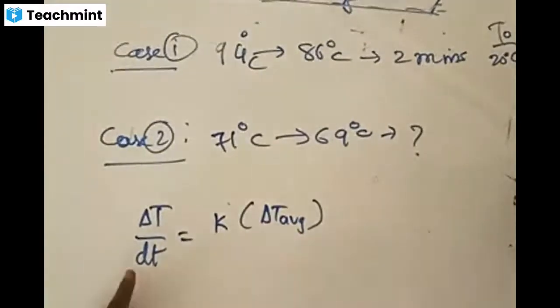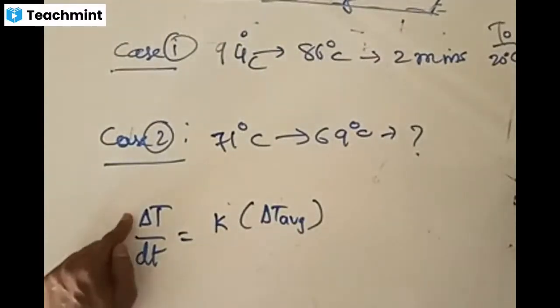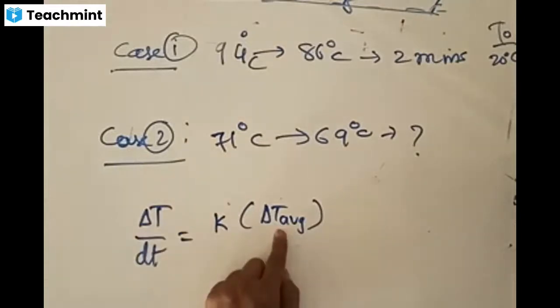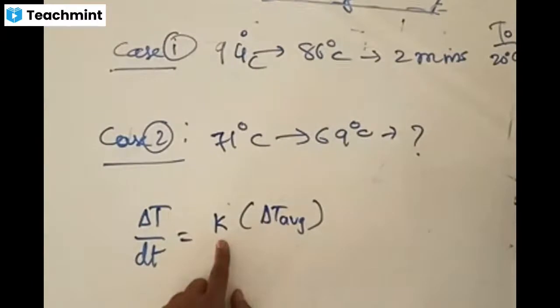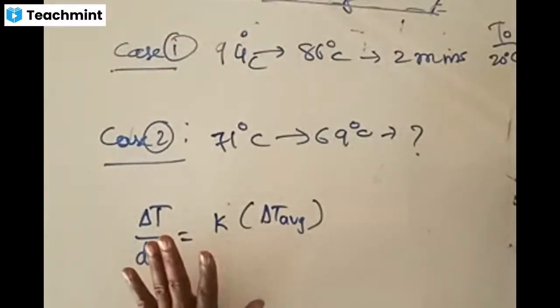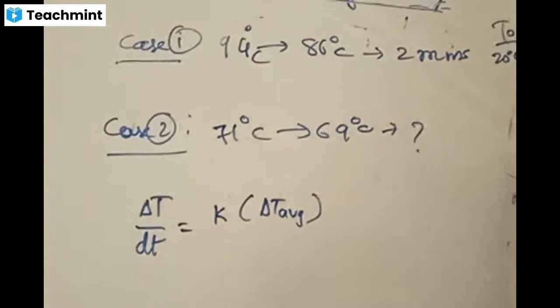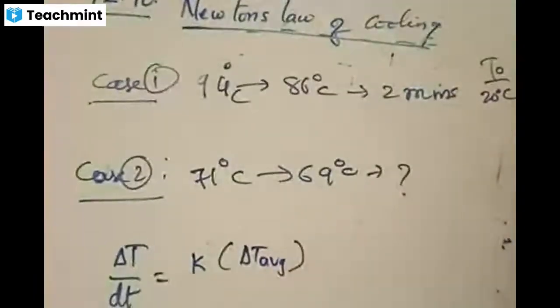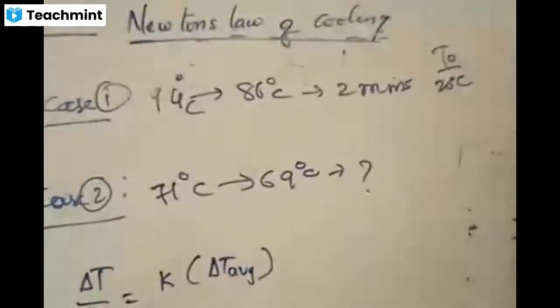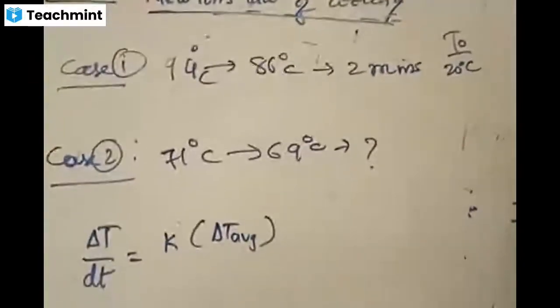In the second case, you may be asked to find time, one of the temperatures, or the room temperature, or sometimes the value of K also. Are the things clear? The formula is one, with two different cases. We apply it in two different forms, using the case 1 data to find the value of K, and using that K in the second case to find the value of the needed thing.